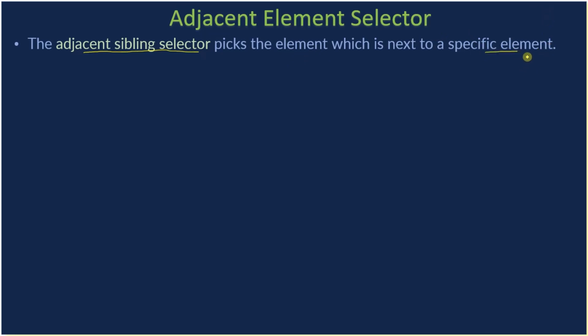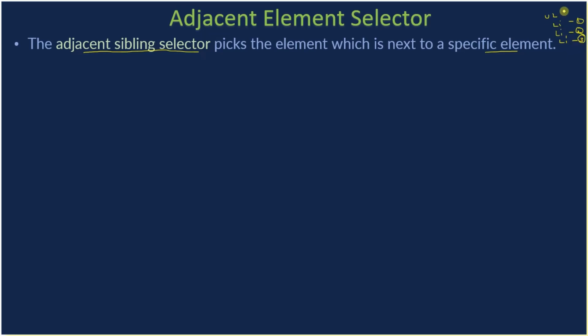Previously we saw the UL tag that contained multiple list elements, right? So adjacent sibling means, here let's take 1, 2 and 3.